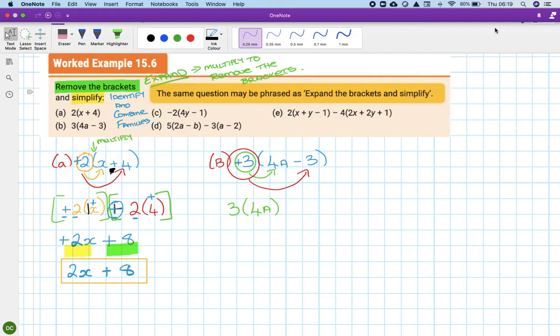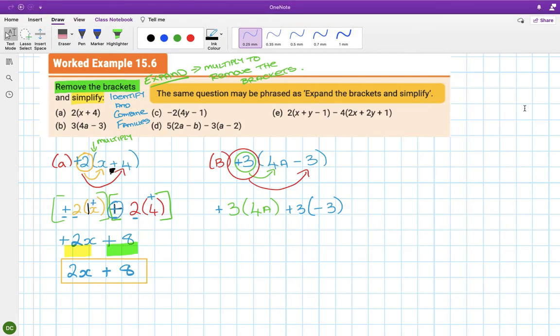Okay, because remember, I don't need the plus here because it's leading, but I do need it in the middle. So when I do the second multiplication, the red one, I'm multiplying a plus 3 by a minus 3.